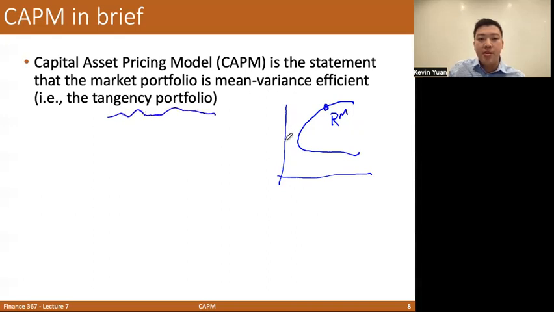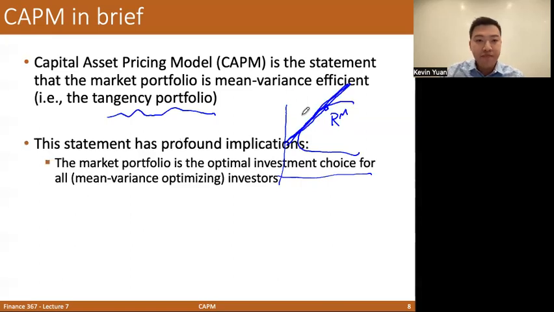And because it's the tangency portfolio, it's also mean variance efficient because it lies on this efficient frontier. Sorry, imagine they connected. But now we know how to price assets that don't necessarily have to be on the mean variance efficient curve. Prior to that, we had to only price assets along this line, but now we're able to price any assets using the capital asset pricing model.